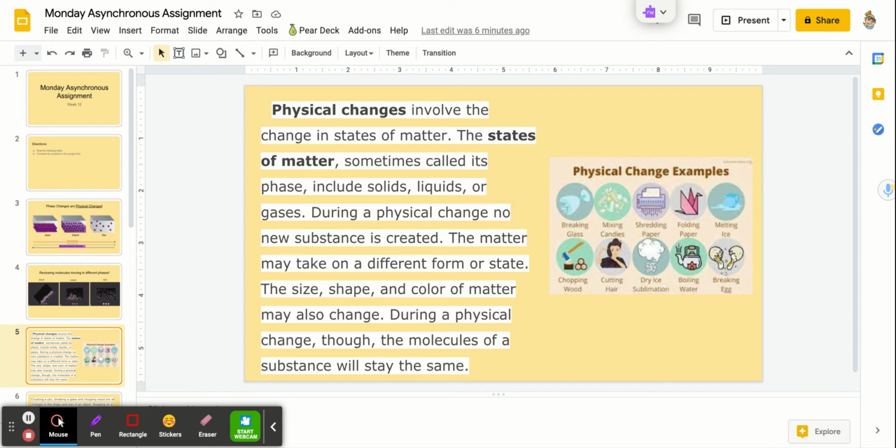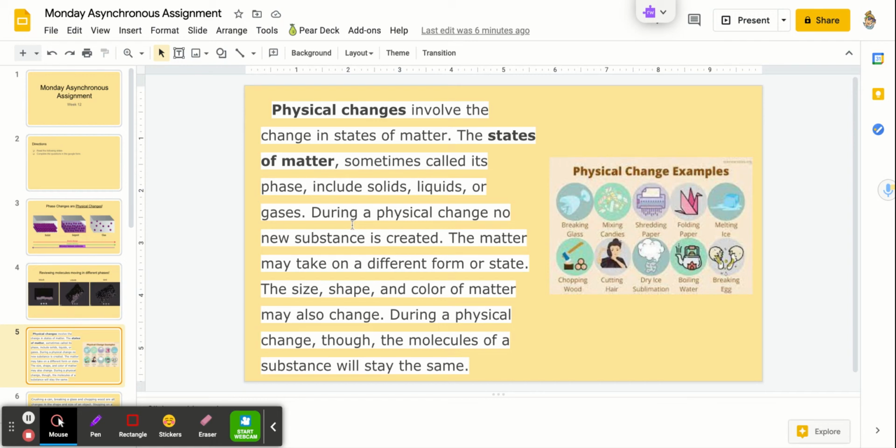So this article is going to be talking about physical changes that are phase changes. So physical changes involve the change in states of matter. The states of matter, sometimes called its phase, include solid, liquids, or gases.